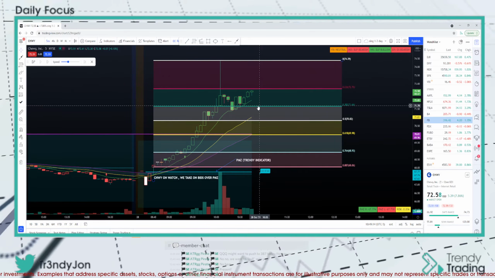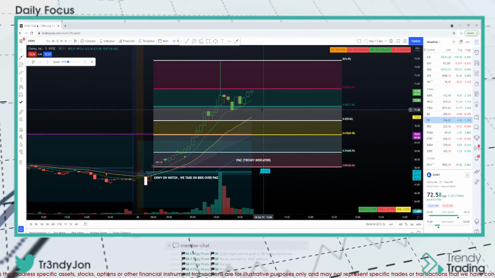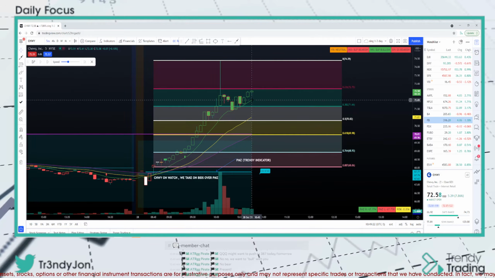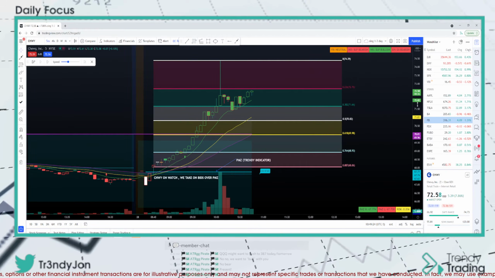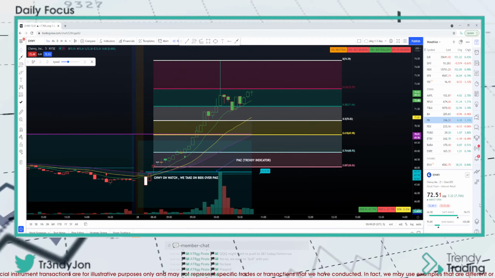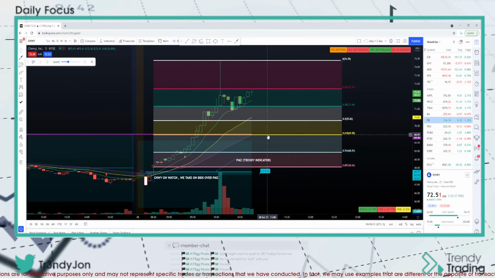So for every dollar, you could lose $80 or make $80. So you have to take that into consideration, because if you look at the EMA right here, you can see that it's at $72, and current price is sitting at 72.50. All right. So let's just say it's an 80.